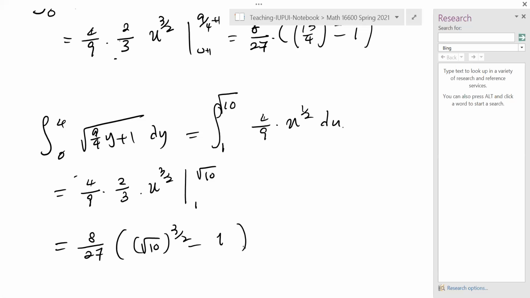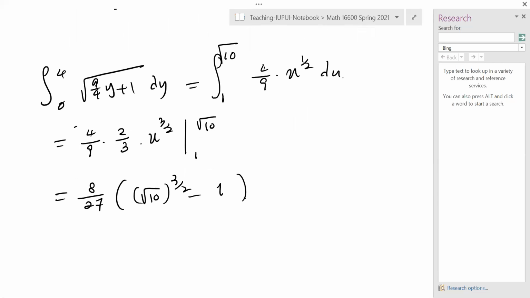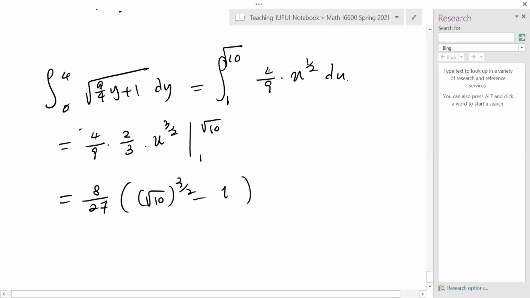So that's what we got. I think the substitution is much simpler if you use the second version of the integral.